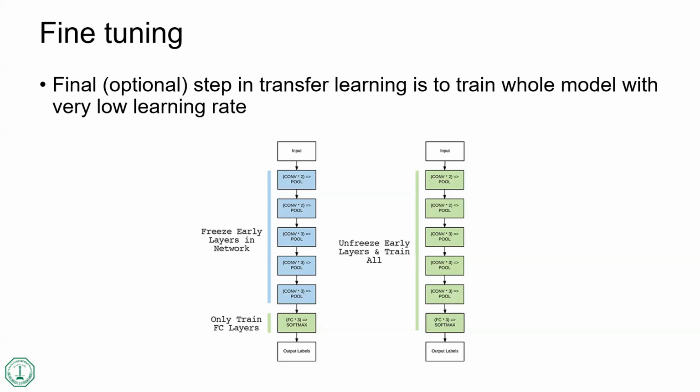What you can do is something called fine-tuning, which is very simply to unfreeze the previous layers, which means you're going to be learning many more parameters on the small data set that you have, but do it with a very low learning rate. When you have a high learning rate, what does the gradient descent algorithm do?